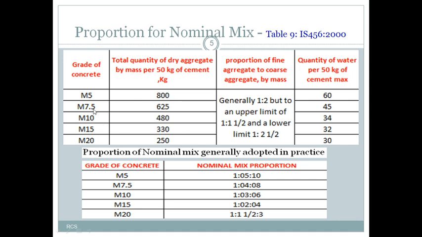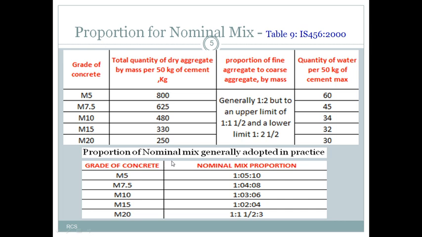Similarly for M7.5, for one bag of cement, the coarse aggregate required is 625 kg and the water required is 45 liters. Similarly for the remaining M10, M15 and M20 it is like this. Finally for M20 grade concrete, it is 250 kg of coarse aggregate for one bag of cement, and the quantity of water required is 30 liters. And what about fine aggregate? The fine aggregate required for preparation of M20 grade concrete is half of this 250, that is 125 kg.